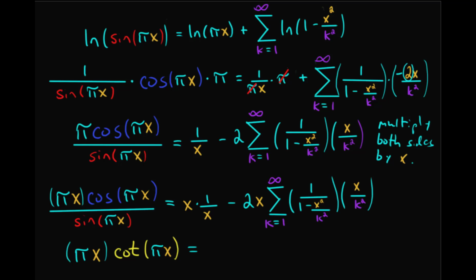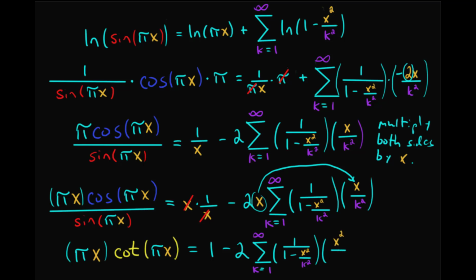And now looking at the right-hand side, the x's cancel, so this equals 1 minus, and then I would like to pull that x into the sum, so I have 2 times the sum from k equals 1 to infinity of 1 over 1 minus x squared over k squared times now x squared over k squared.